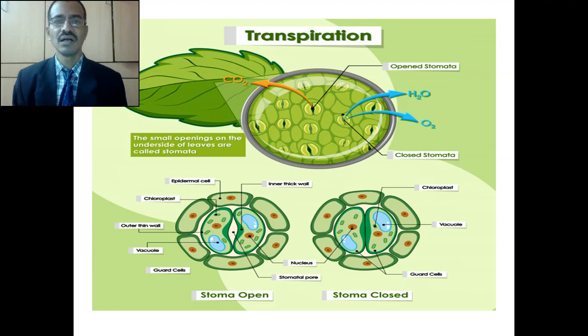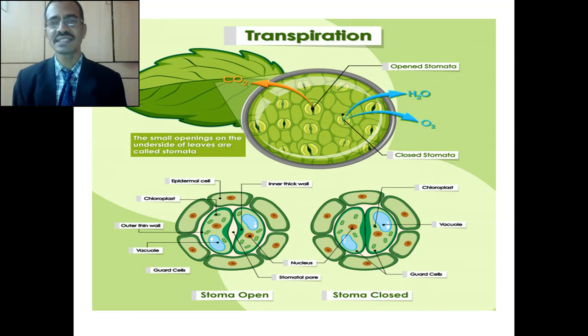So for photosynthesis, plants need carbon dioxide, and the carbon dioxide is taken into the leaves for photosynthesis, and oxygen is released through the stomata into the atmosphere, because usually in photosynthesis carbon dioxide is taken and oxygen is released.